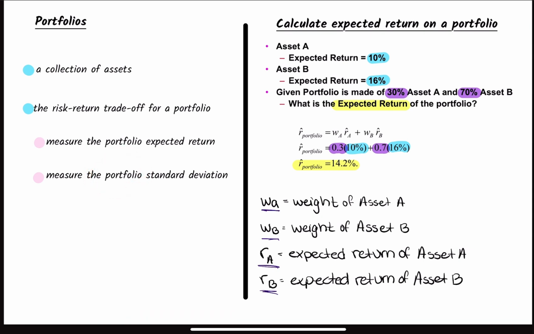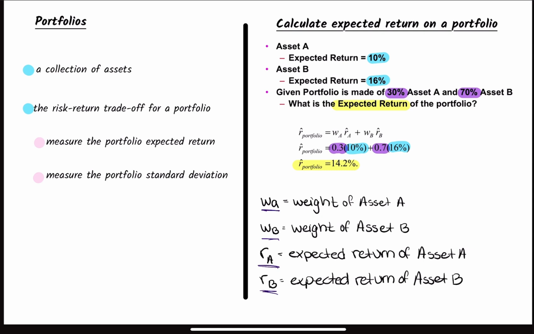So how do we calculate the expected return on a portfolio? Well, it depends on the expected return of each asset in the portfolio. So in this case, we have asset A and asset B. And it also depends on how much of that asset makes up the portfolio. So is it making up half of the portfolio? Does it make up 10% of the portfolio? So how much money is in that asset that makes up the portfolio?